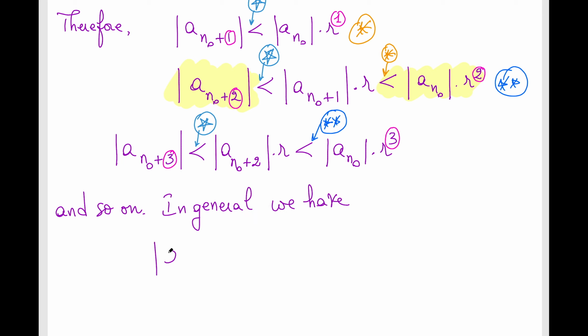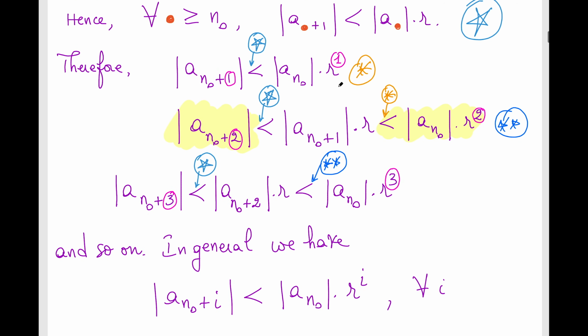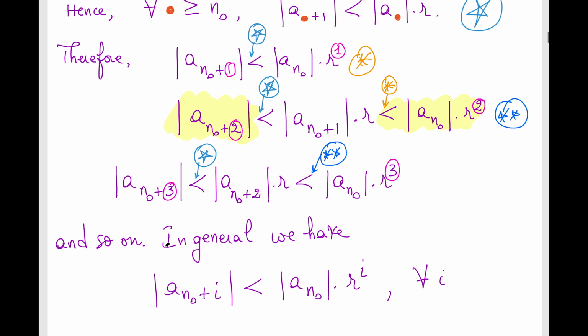That the absolute value of a_{n0+i}, I don't know what you want to call it, is smaller than absolute value of a_{n0} times r to the power i. And this is for all i starting from 1 all the way to infinity, right? So for all i in N.